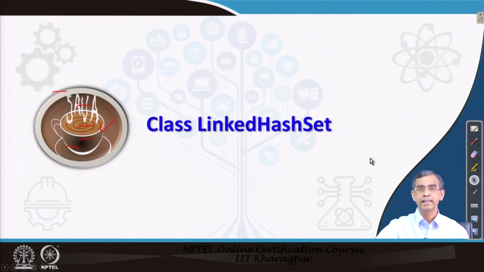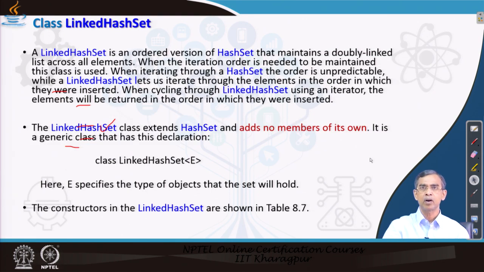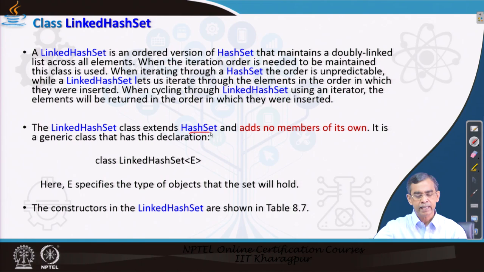Now, linked hash set is the one by which there is a sequential representation of the hash set. That means it stores in a sequential form, just like a linked list. Linked hash set is basically one form of hash set, and it extends the hash set.